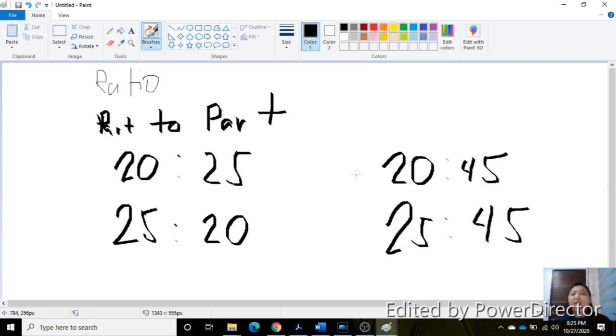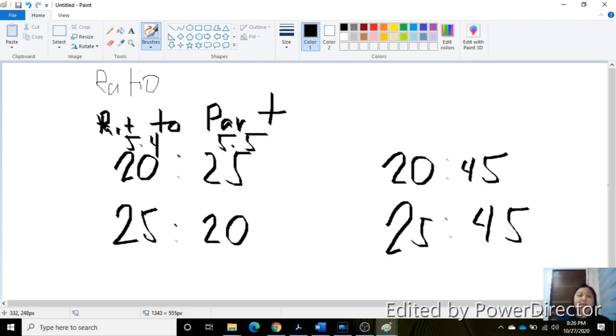Kung makikita ninyo guys, lahat yan ay divisible by 5. Pwede mo yang paliitan ng ratio. Dahil they are divisible by 5, mangyayari ay 5 times 4, and then 5 times 5.